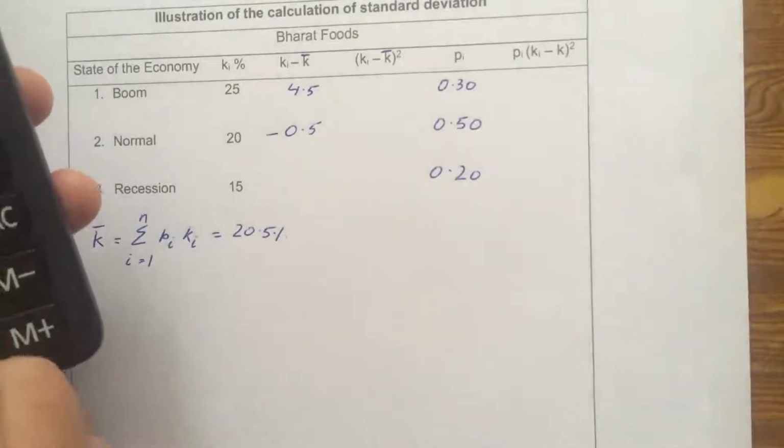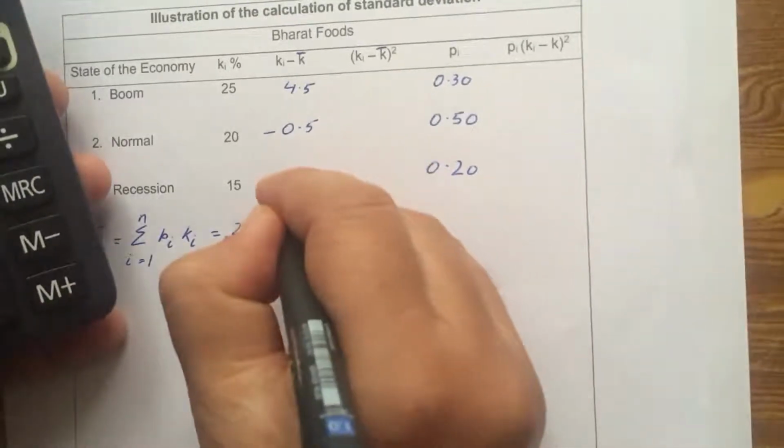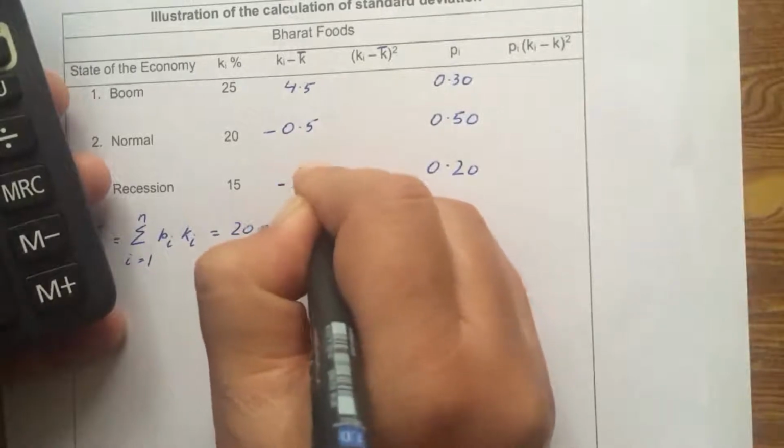And 15 minus 20.5 is equal to minus 5.5.